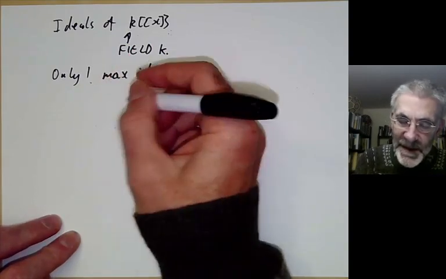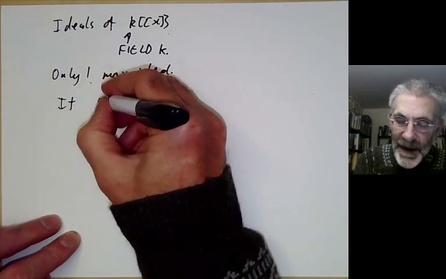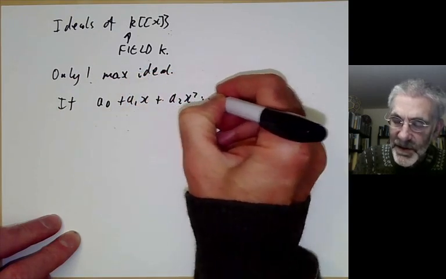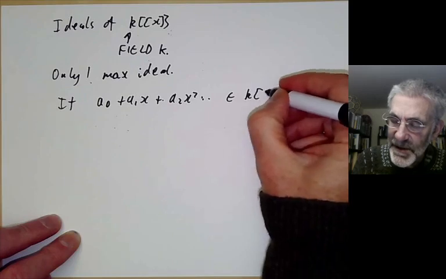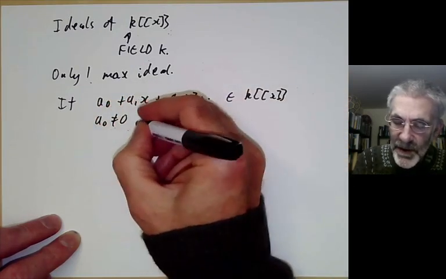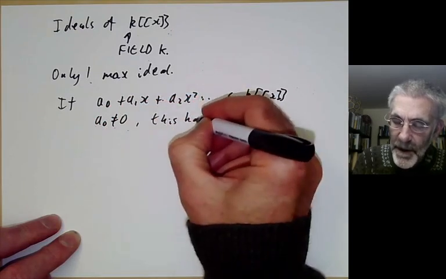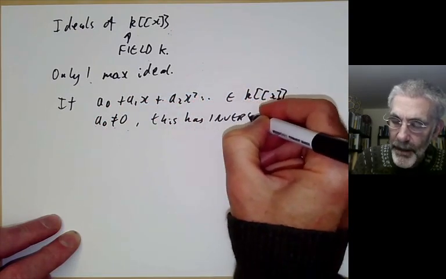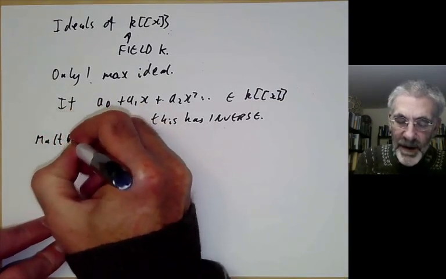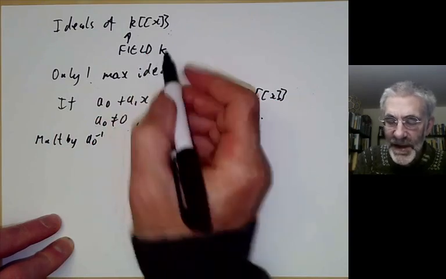The reason for this is that if a0 plus a1 x plus a2 x squared and so on is a formal power series, and a0 is not 0, this has an inverse. And that's quite easy to see. We can multiply by a0 to the minus 1 because k is a field.